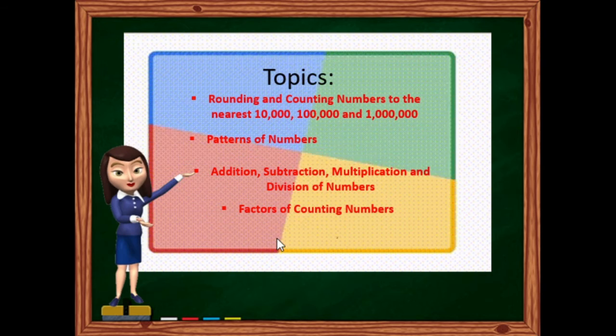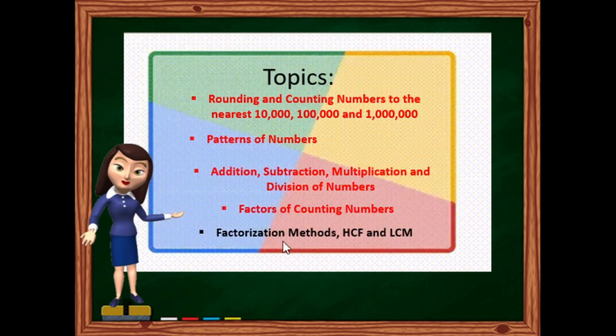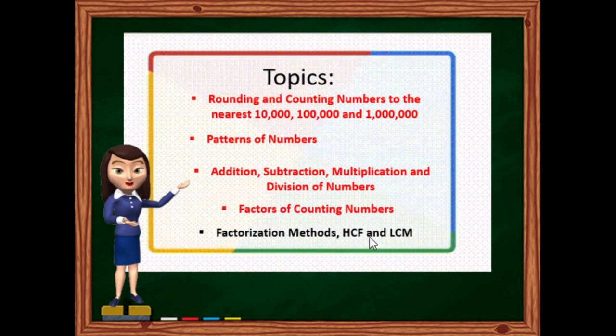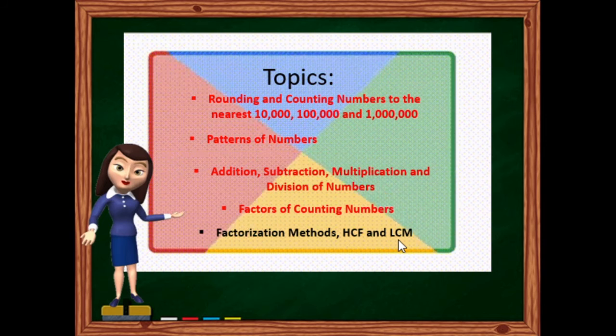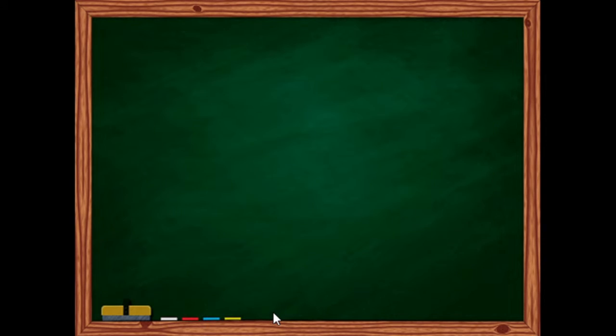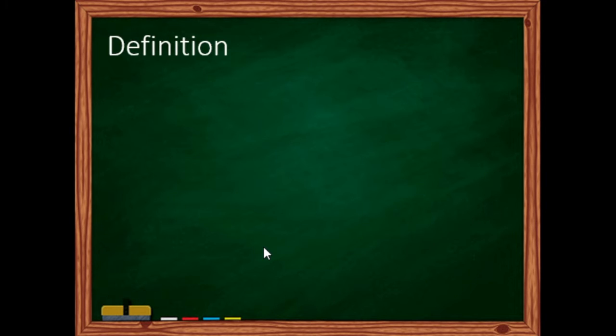Later on, we are going to focus on the different factorization methods, the HCF and LCM. You will know more about this later. But for now, let's take time to review what we had on our previous video.